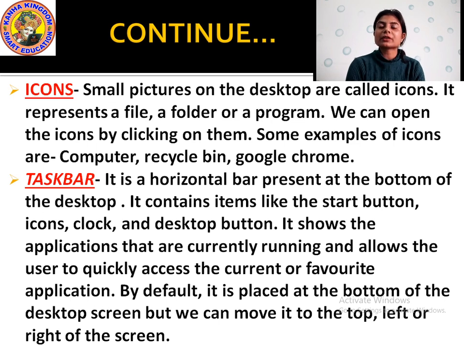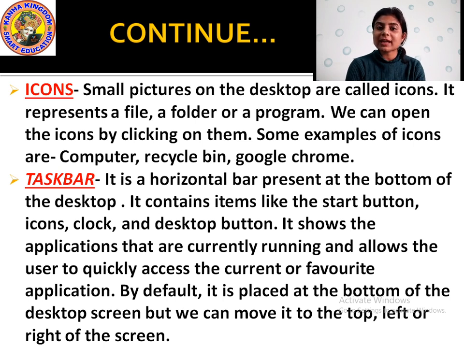Okay, I hope you understood this desktop. It is the screen that we see as soon as we switch on the computer. It has different parts, that is icons and taskbar. Icons are the small pictures shown on the desktop screen, and the taskbar is the horizontal bar situated at the bottom of the computer, which shows us the current work that we are doing.